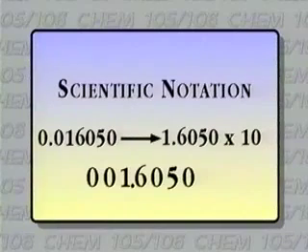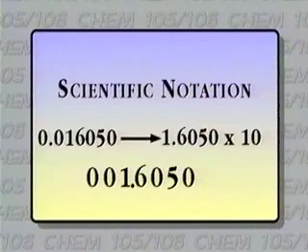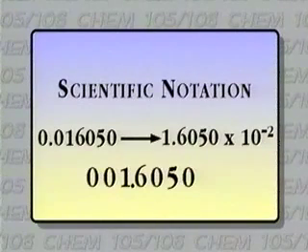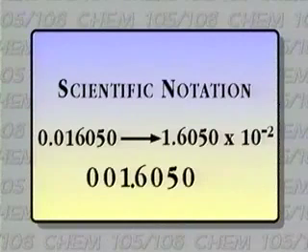Now, in order to put the decimal back where it was, we would have to move it back to the left, wouldn't we? So it's a negative power, and how many places did we move it? 2. And so 1.605 times 10 to the minus 2 would be the correct number written in scientific notation.